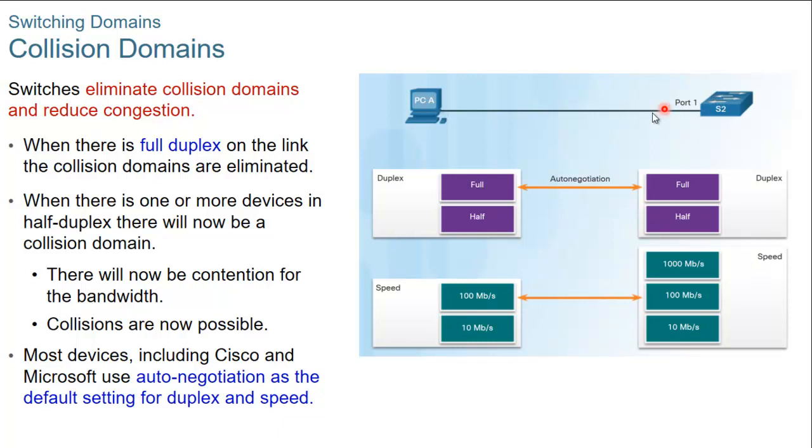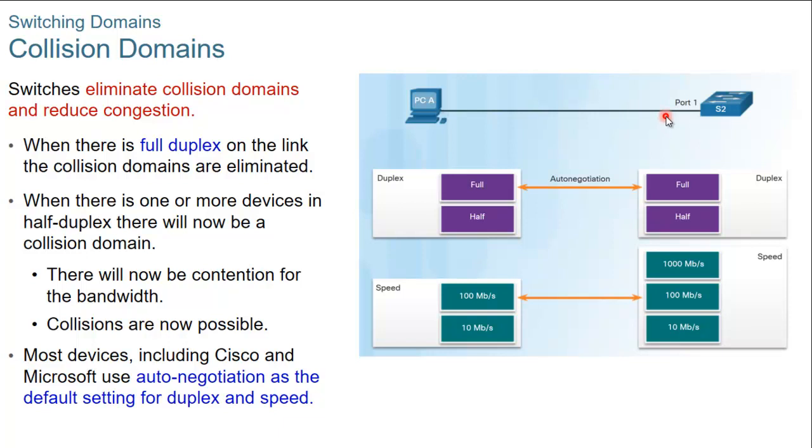Nobody else, no other devices are in that. So there is no collision. When there is no collision, it reduces congestion. If you remember, when there is a collision, everybody backs off and then they will try and submit again. So in switches, when you eliminate the collision domain, you don't have congestion.